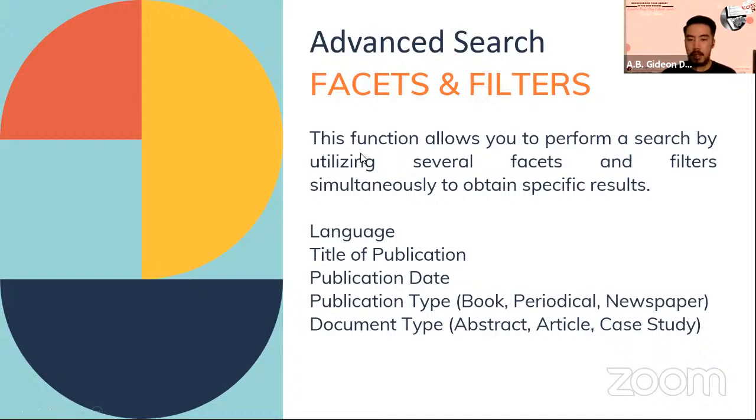So in this case, you could limit your search through a language, maybe title of publication, the publication date, maybe the title of the journal if you're already familiar with academic and respective journals in your field, discipline, or industry. That would be quite useful. Obviously, the document type. And there are also tick boxes wherein you can indicate if you want graphs, illustrations, photographs, images, etc. in your search. Okay?